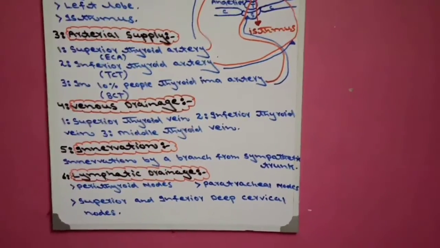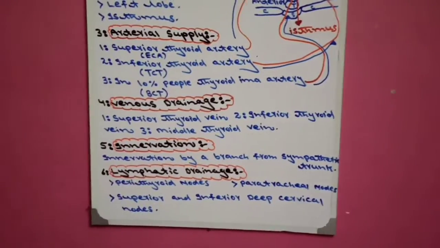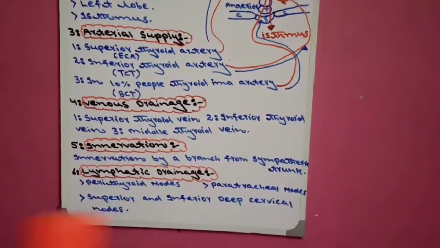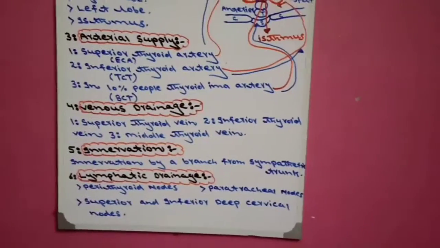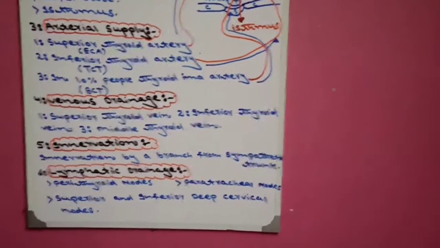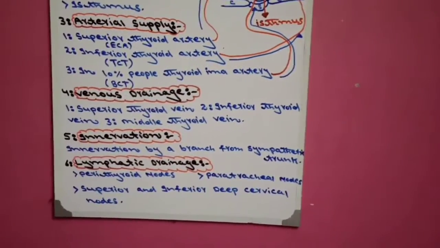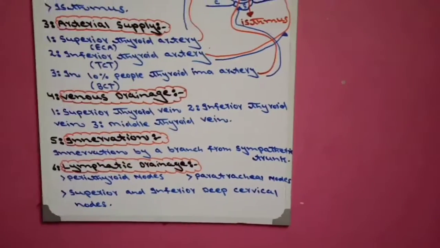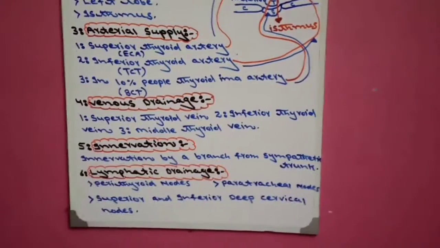Lymphatic drainage is by three types of nodes. Number one, perithyroid nodes, meaning the nodes present around the thyroid gland. Second is paratracheal nodes, meaning the nodes present around the trachea. The third is superior and inferior deep cervical nodes.